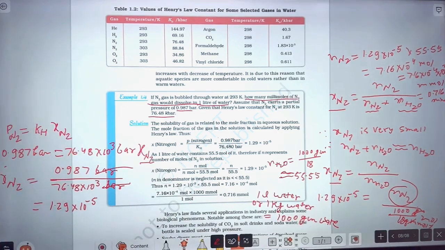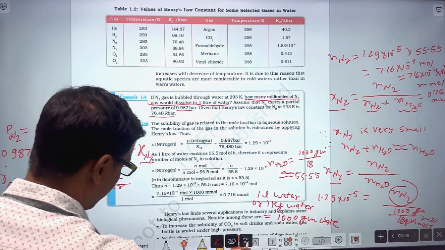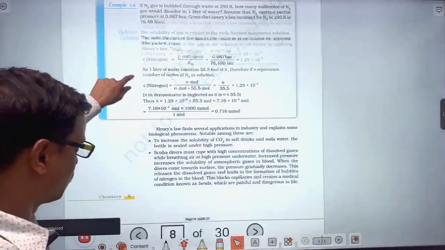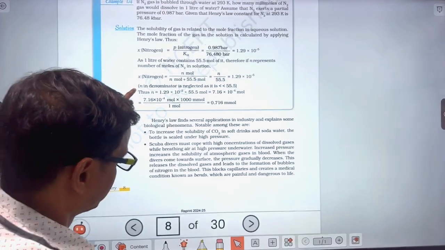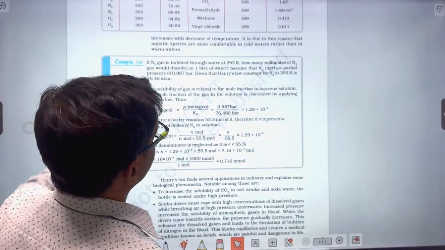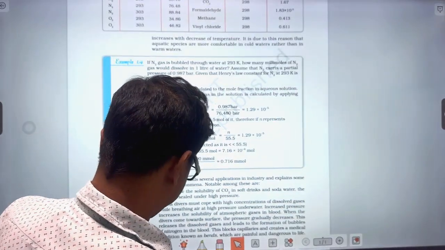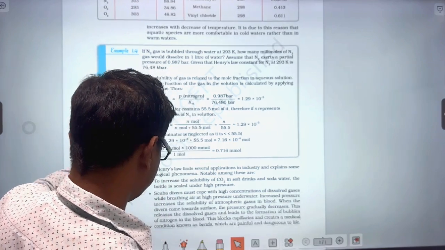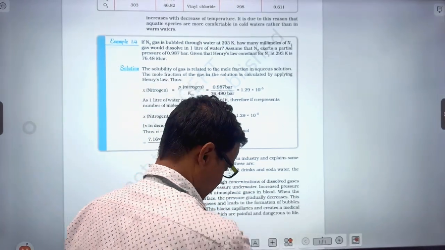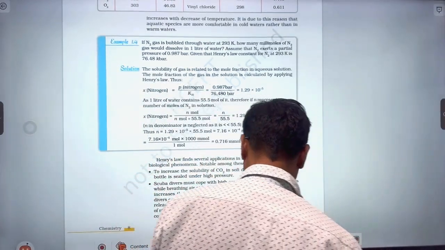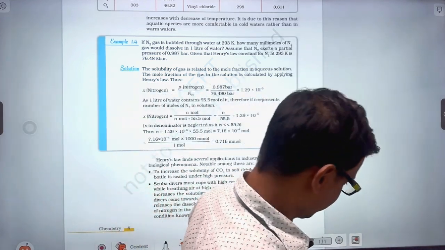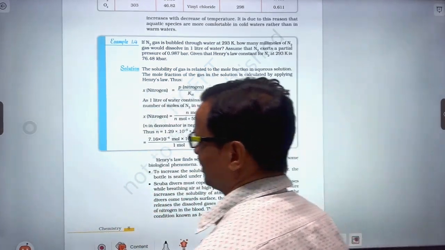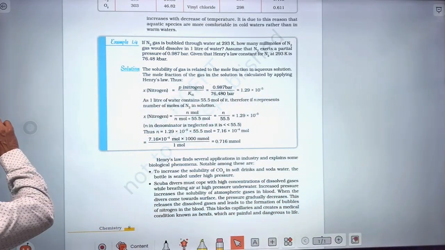Okay guys, this question is frequently asked in the 12th board examination. I hope you felt it was easy. Now, what is here? Application of Henry's law. Very easy. That's also asked as a 1 mark question in the 12th board examination.